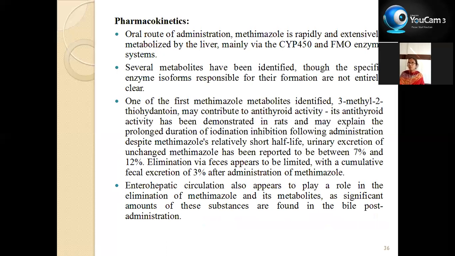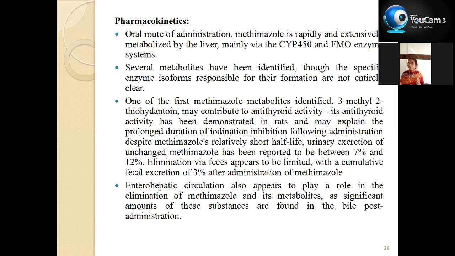Next, pharmacokinetics. It is given by oral route of administration and is rapidly metabolized by the liver using cytochrome enzymes, and several metabolites have been identified, but the specific enzyme isoforms responsible for their formation are not entirely clear. One of the first metabolites identified is 3-methylthiohydantoin, which may contribute to the antithyroid activity.